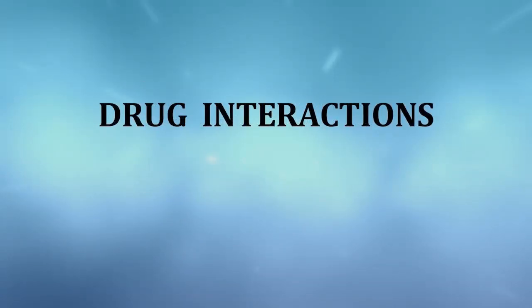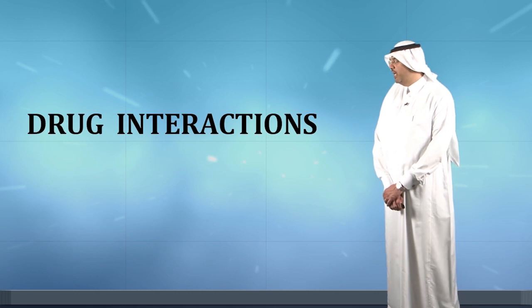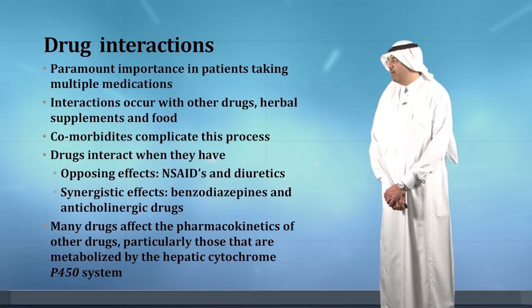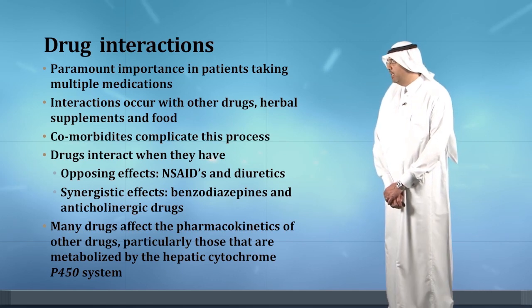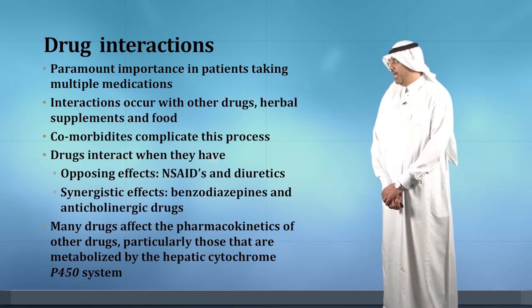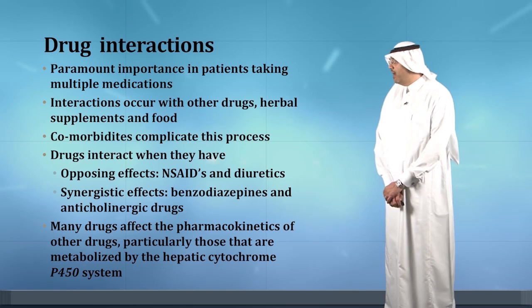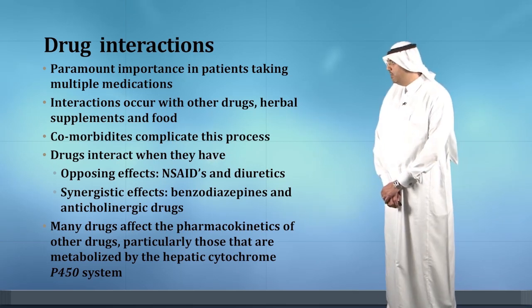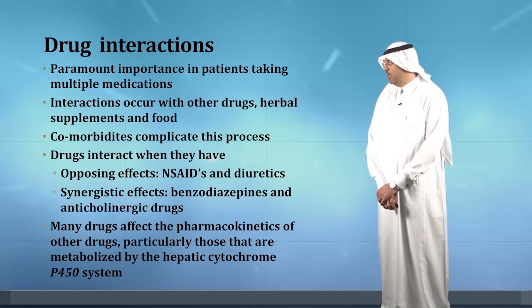Now we move to the drug interactions that we notice with aging. Drug interactions are of paramount importance in patients taking multiple medications, and usually the interaction occurs with other drugs, and also it can occur with herbal supplements and food.